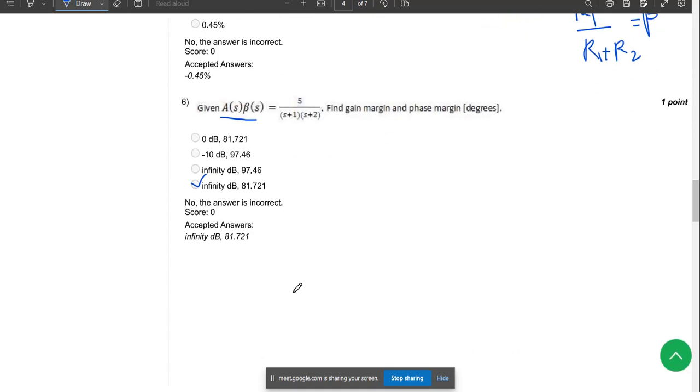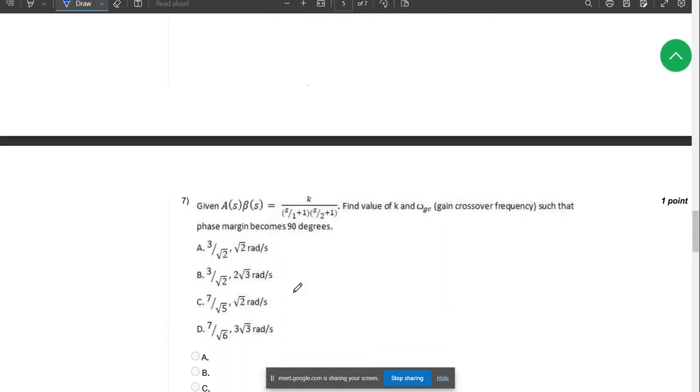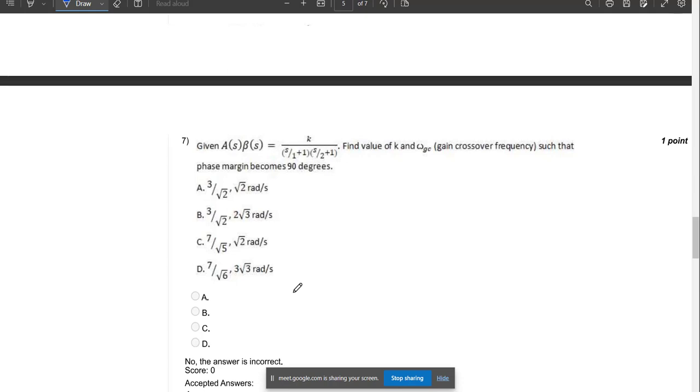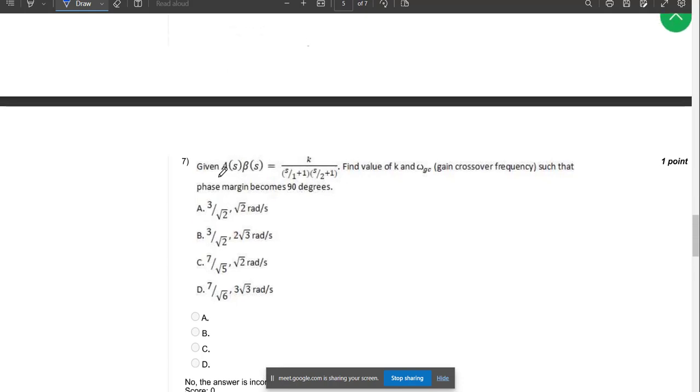Now let's go ahead and try to solve question number 7. Question number 7 is almost the same. Here it's given that A(s)B(s) is equal to K upon s into (s divided by 1 plus 1) into (s divided by 2 plus 1).